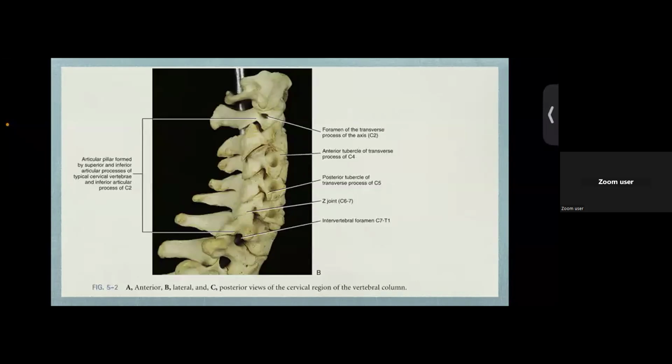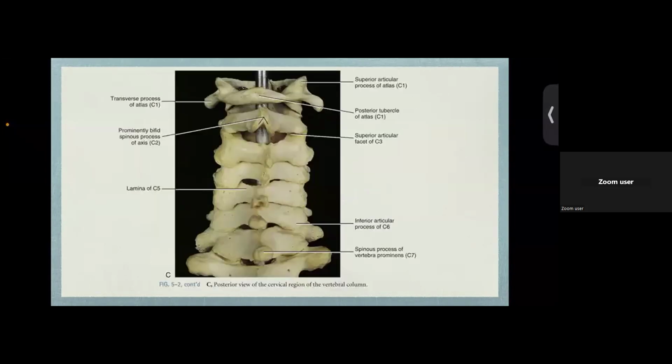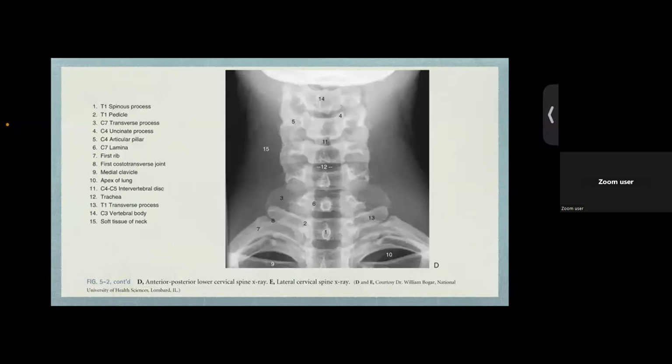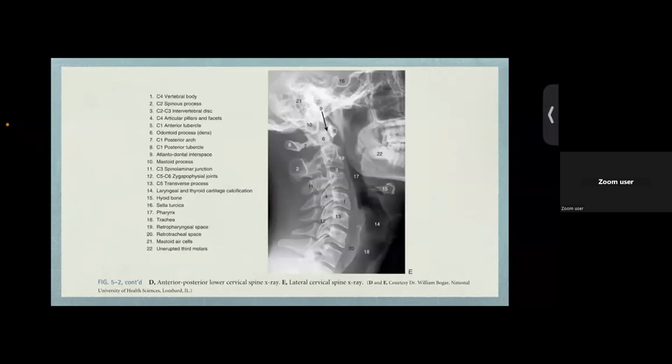And in this one, you can more appreciate the facet joints in between the subaxial vertebrae here, and just a posterior view of the C-spine, and just an x-ray here so everybody could appreciate the anatomy while viewing an x-ray, a lateral view.